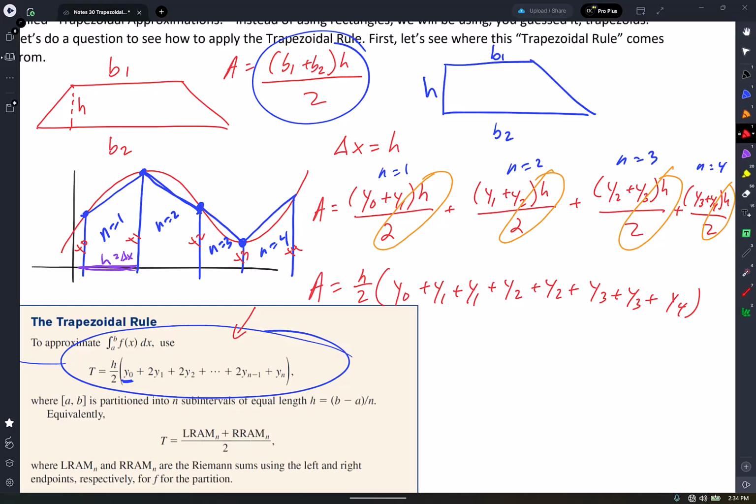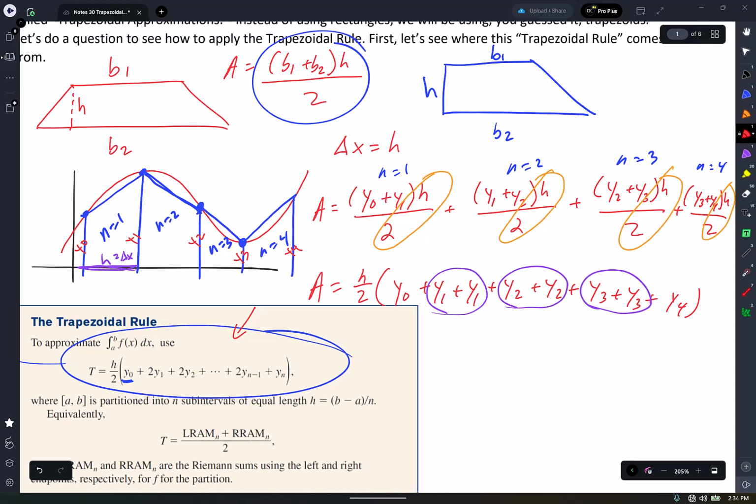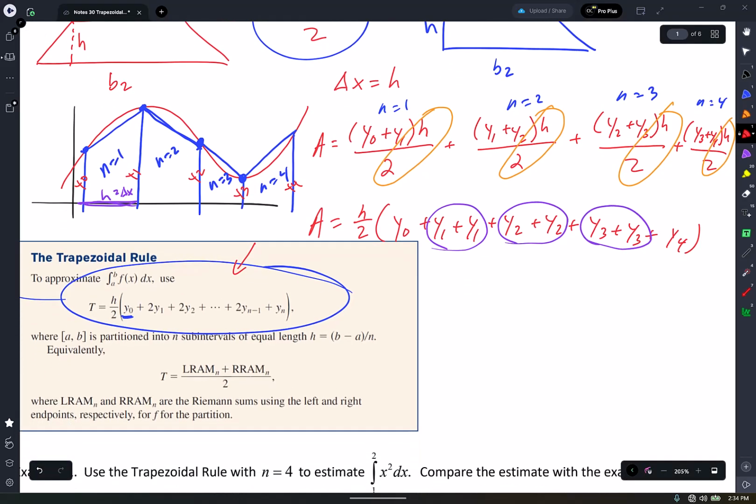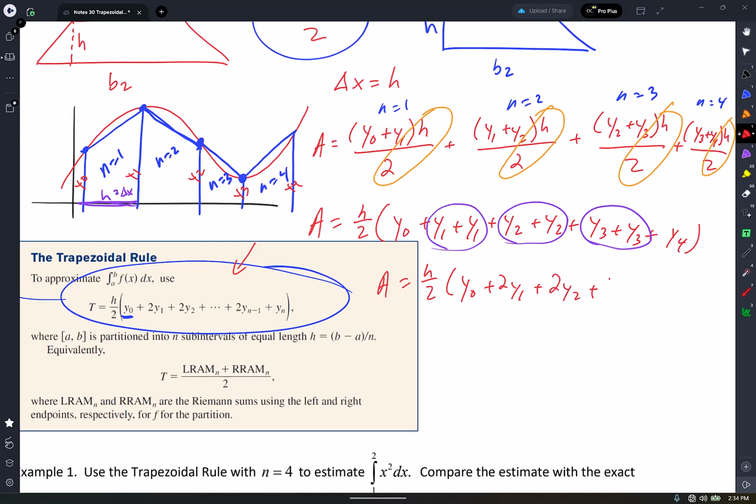Are we still all right? How many y1s do you see? How many y2s? How many y3s? So my formula, as long as your delta x's are all the same, you can use this formula: h over 2 times parenthesis y naught plus 2y1 plus 2y2 plus 2y3 plus y4.